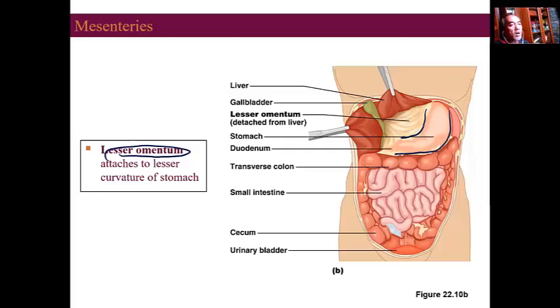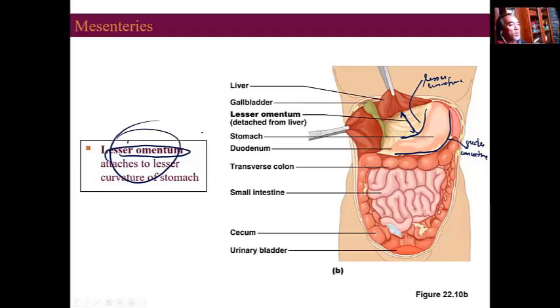The one here is called the lesser curvature, and the opposite is the greater curvature. There's a mesentery that connects the lesser curvature of the stomach to the liver. That mesentery is called the lesser omentum. So we're going to call that the lesser omentum.